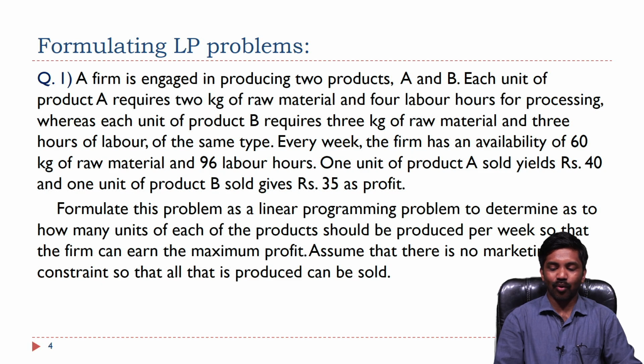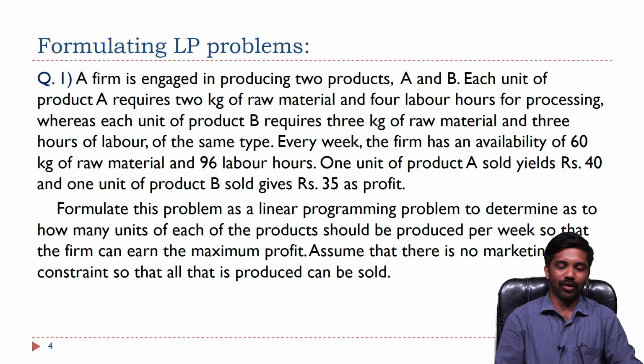One unit of product A sold yields rupees 40 and one unit of product B sold gives rupees 35 as profit. Formulate this problem as a linear programming problem to determine how many units of each of the products should be produced per week so that the firm can earn the maximum profit. Assume that there is no marketing constraint so that all that is produced can be sold.